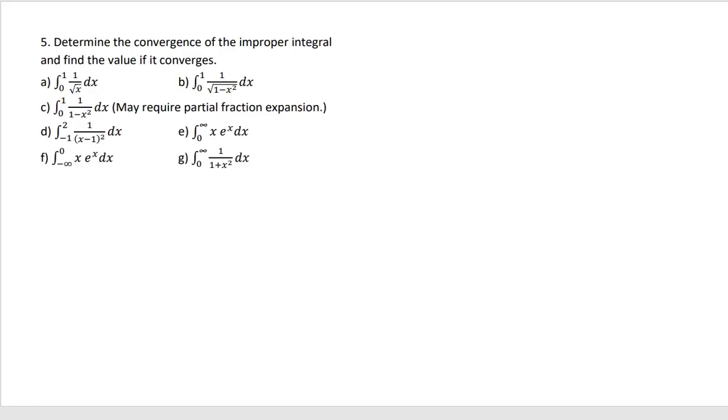Next question, E. We have to integrate x e to the x. Let's do this indefinite integral first, because that requires integration by parts, or the tabular integration.